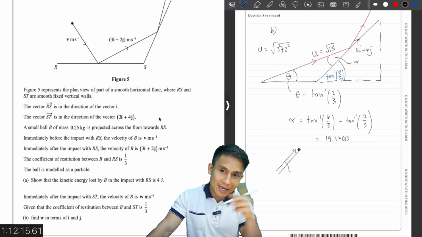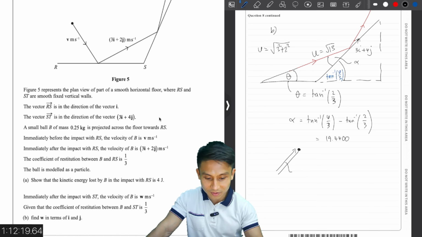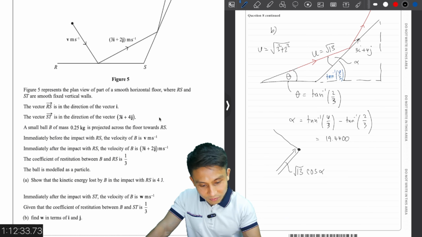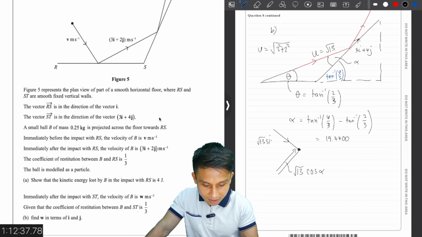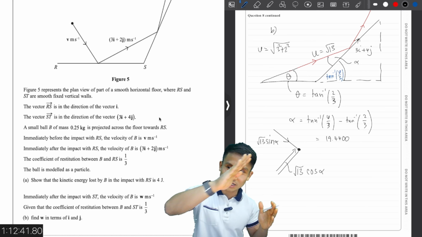And then I'm going to make that as a speed because now we change the angle. It's not in the normal axis now. So this will be root 13 times, if you want to resolve along the wall, cos alpha. And the perpendicular direction to the inclined plane would be root 13 sine alpha instead, right? Just the way you would solve in the normal axis, it's just inclined.